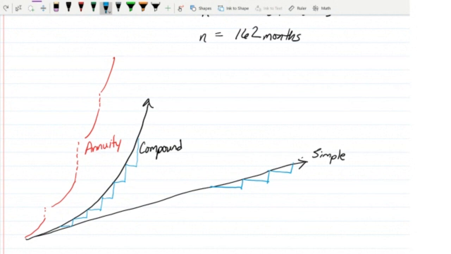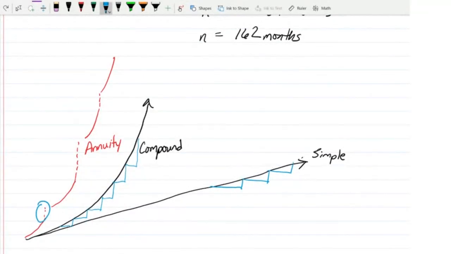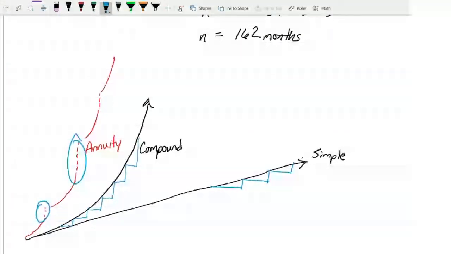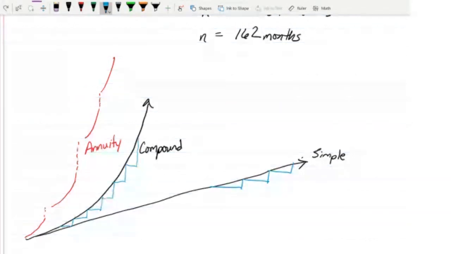And so hopefully we'll have a different formula which keeps track of not just the interest that I earn on the initial amount, but also the interest that I earn on this first extra payment and the interest that I earn on the second extra payment, right? And the interest that I earned on the interest that I earned on the, you see how it gets really complicated really quickly. Hopefully we'll have another formula to deal with all of the extra interest that happens in this annuity situation.